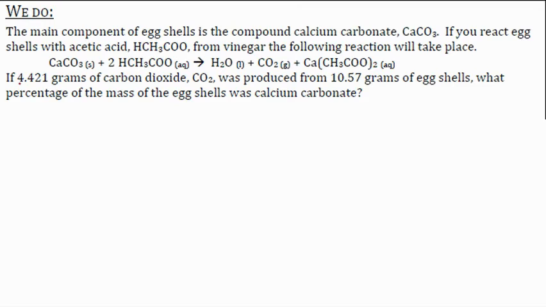All right. So I'm going to take my CO2 and I'm going to turn it into moles. I'm going to do that by dividing by 44. I took a carbon at 12 and 2 oxygens at 32. 12 plus 32 is 44.